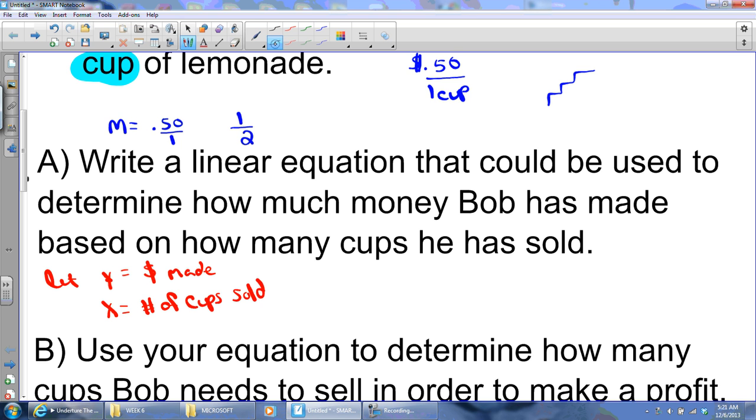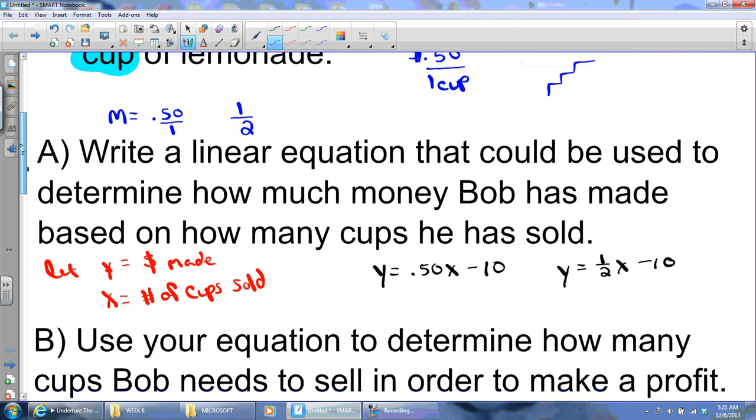Then y is going to equal 0.50x minus 10, right? I'll keep the half in the back of my mind. When I get to my actual graph, I'll decide which one will be more friendly to use, but they do mean the same thing, because 50 cents and a half of a dollar are the same thing.